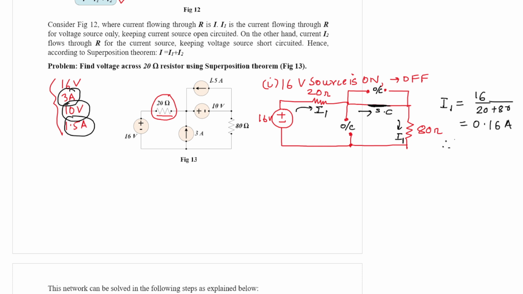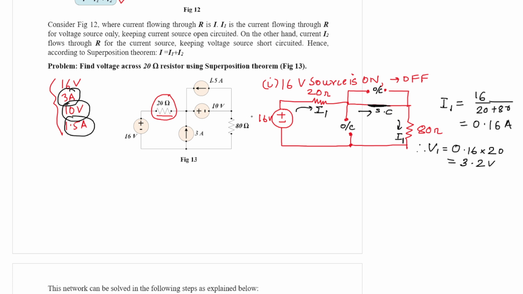So the voltage drop across the 20 ohm resistor, V1, will be equal to 0.16 into 20, so it will be 3.2 volt.